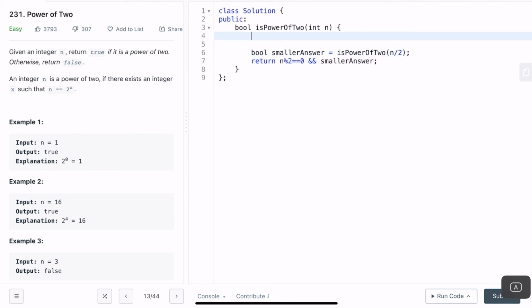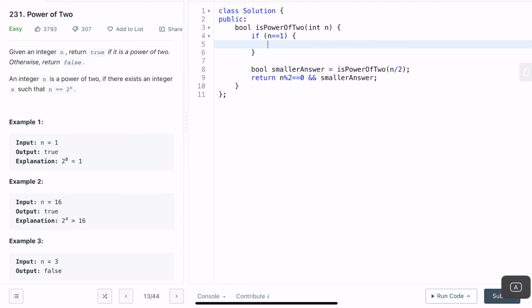Now using that intuition we have done the first step. It was a two-step intuition, and the second step had to always be the base case. Now what is the base case? I kept dividing my number and the number reduced to 1. When the number reduced to 1, it is obviously a power of 2, because 2 raised to the power 0 is equal to 1.